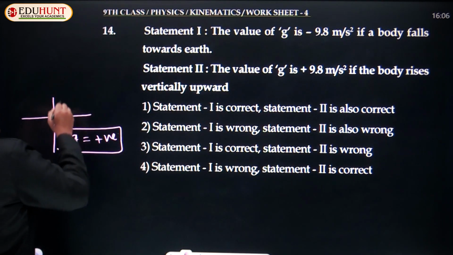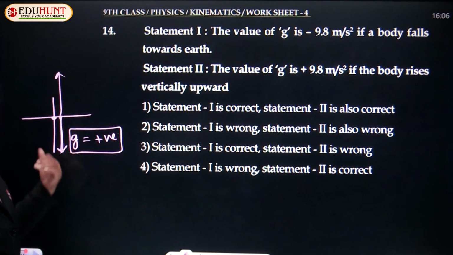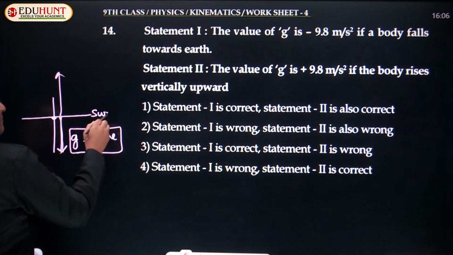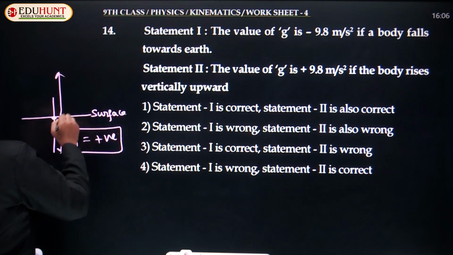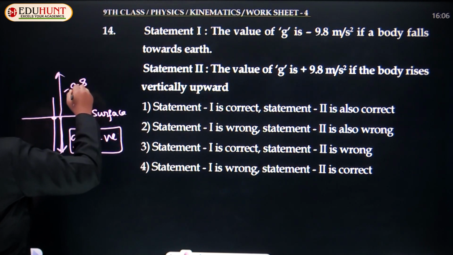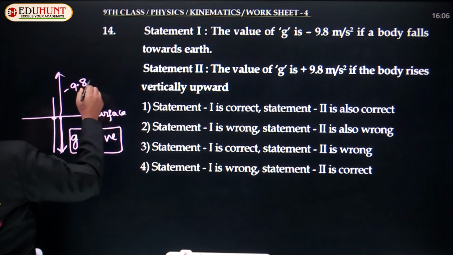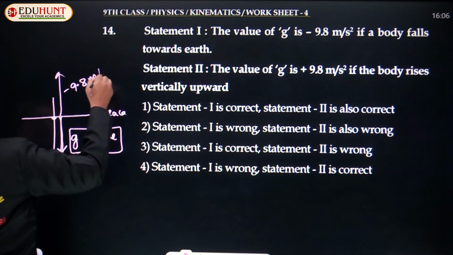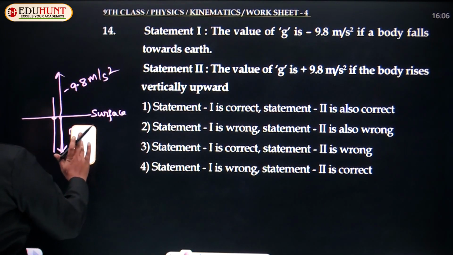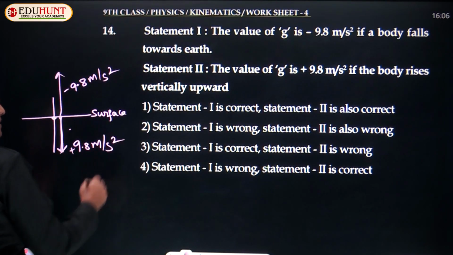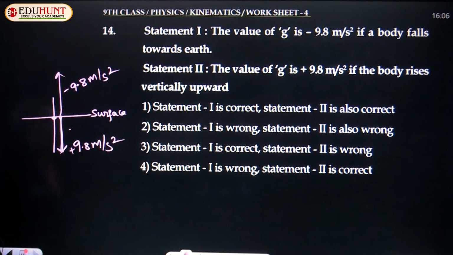Similarly, when the body moves away from the surface of the Earth, opposite to the acceleration due to gravity, it is taken as minus 9.8 meter per second square. This is plus 9.8 meter per second square downwards. Upward motion, minus 9.8 meter per second square.